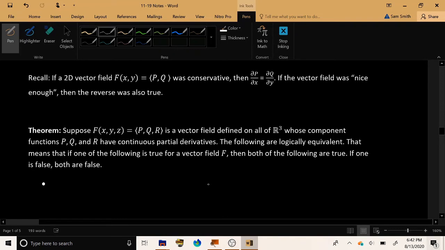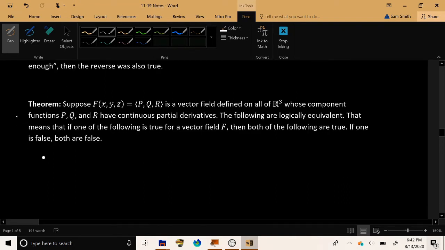Now remember, for 2D vector fields, we had a condition that we could use to check if our vector field was conservative, if it was the gradient of some other function. If the vector field was conservative, then the mixed partials were equal to each other. And if the vector field was nice, then you could also go backwards and say, okay, if the mixed partials are equal, then I can conclude that the vector field is conservative as well.